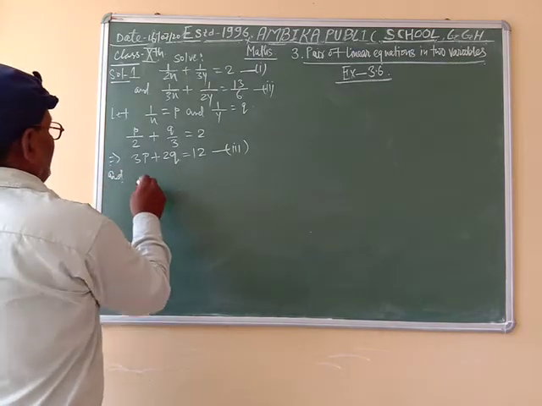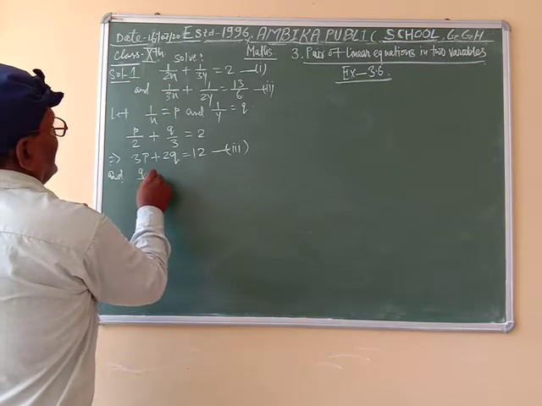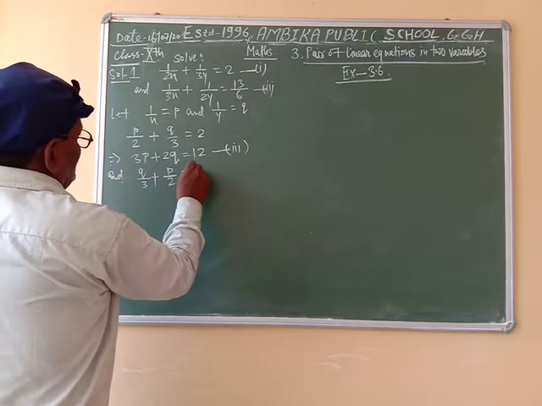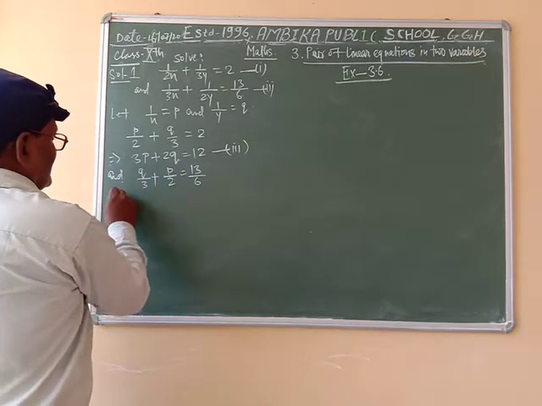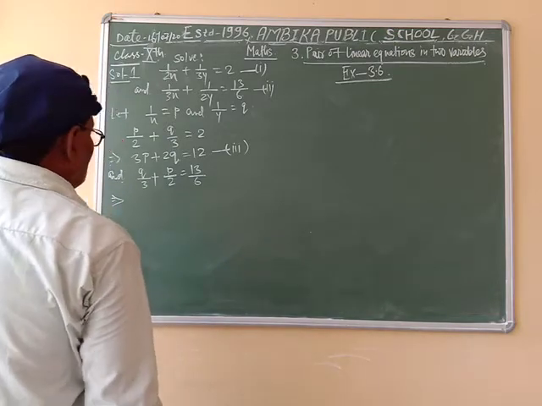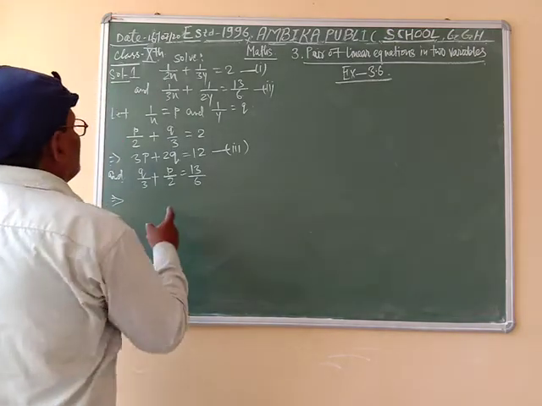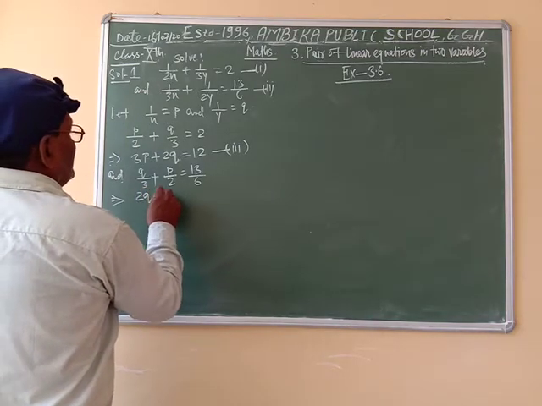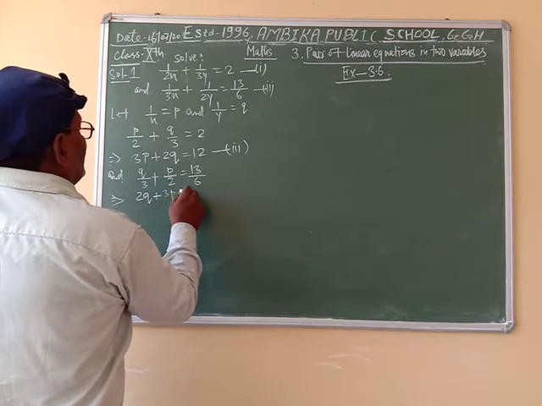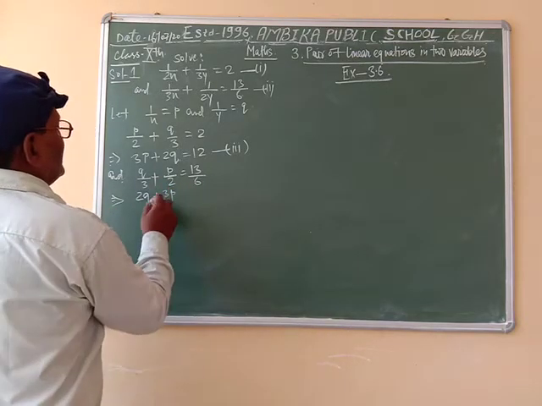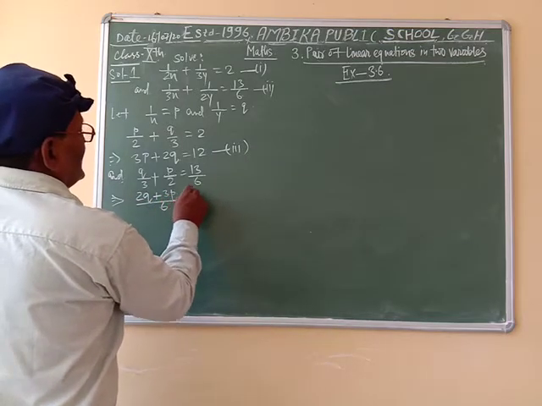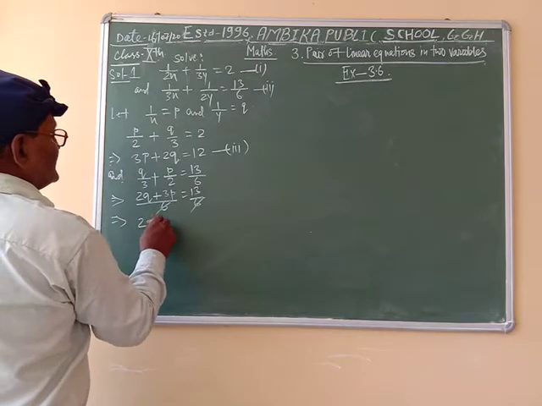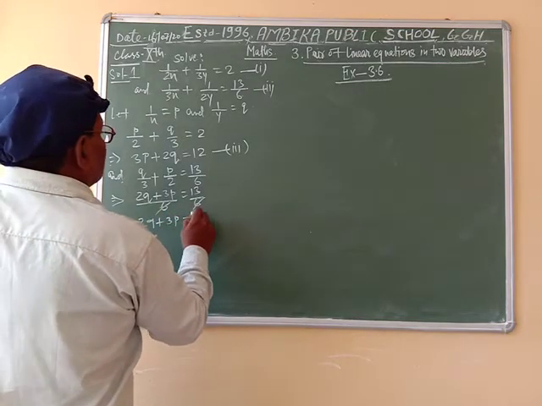And also q by 3 plus p by 2 is equal to 13 by 6, or 2q plus 3p by 6 is equal to 13 by 6, or 2q plus 3p is equal to 13.